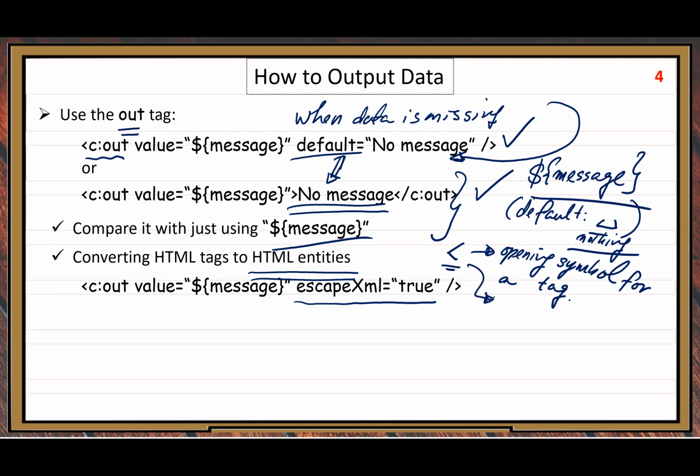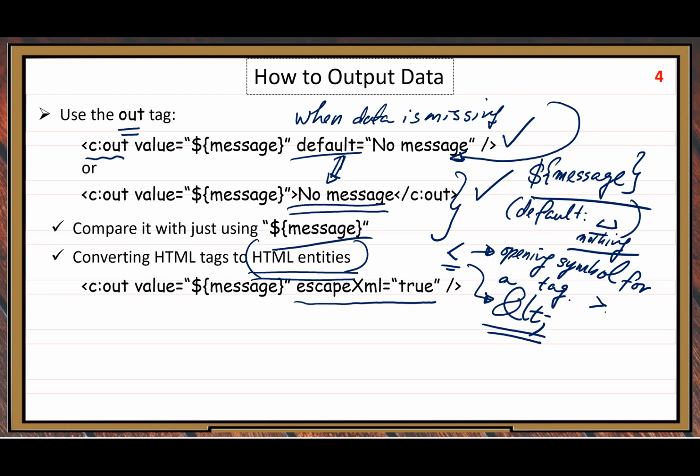What is the literal way? The literal way is to use the HTML entity for the less than sign. HTML entities start with the ampersand sign. For less than, you use ampersand, L, T, semicolon. This means the less than symbol.